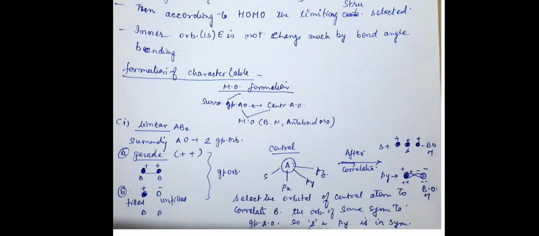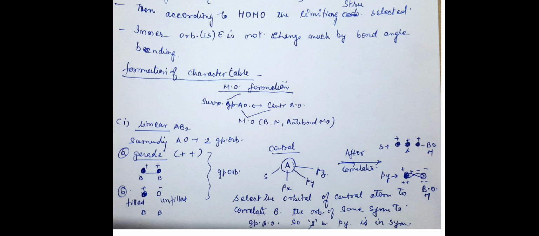Central has four types of atomic orbitals, S, Px, Py and Pz. Now after correlation of Px, Py and Pz, S is combined with all the three, plus plus plus. Now Py.